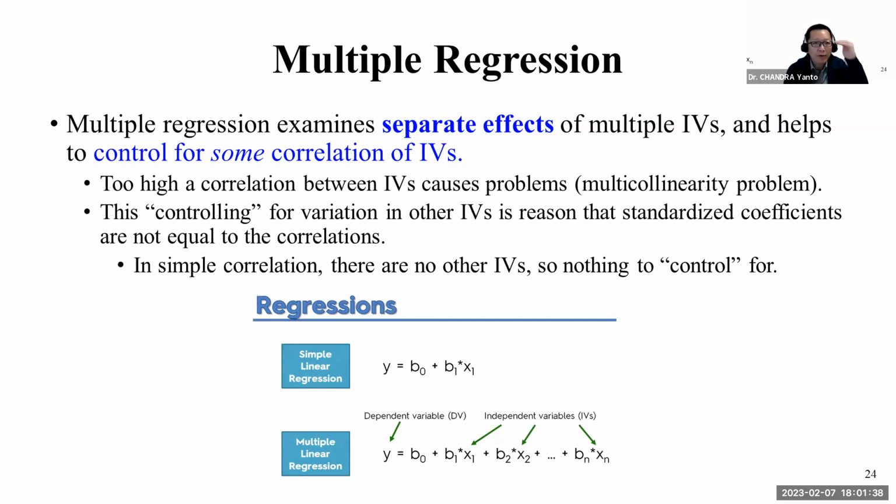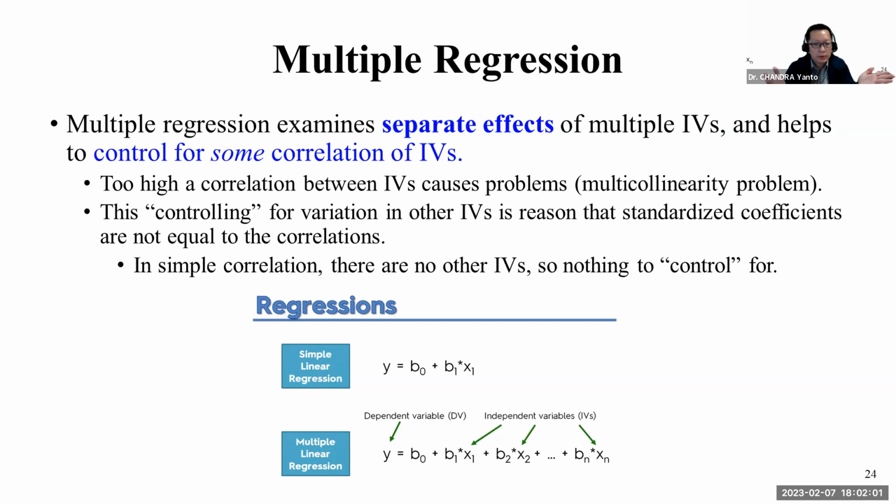When you enter multiple independent variables into your regression, you are controlling them with each other. Let's say you have 4 independent variables that you regress on your dependent variable. By entering 4 independent variables, you are controlling them with each other to see if they are too highly related with one another or not.